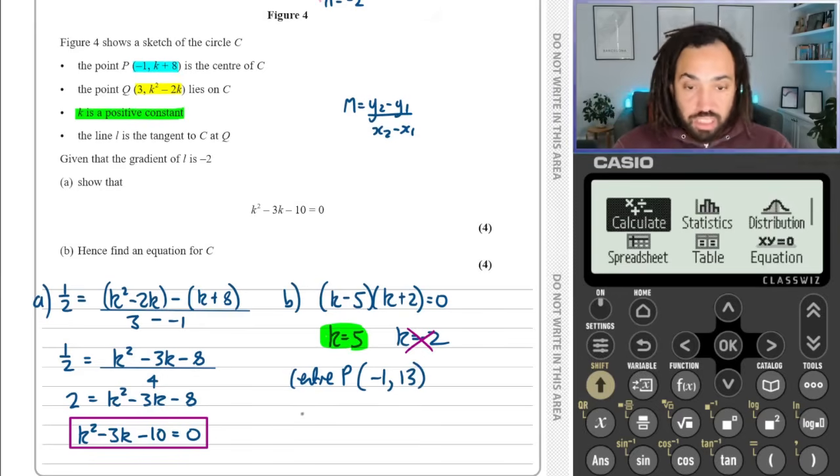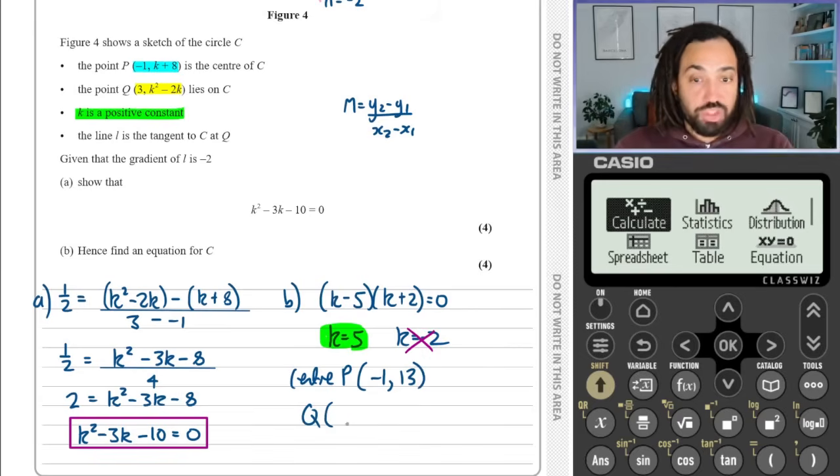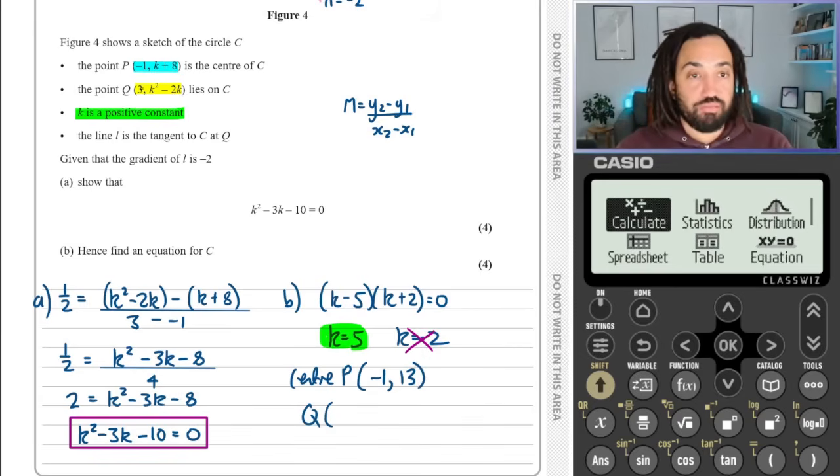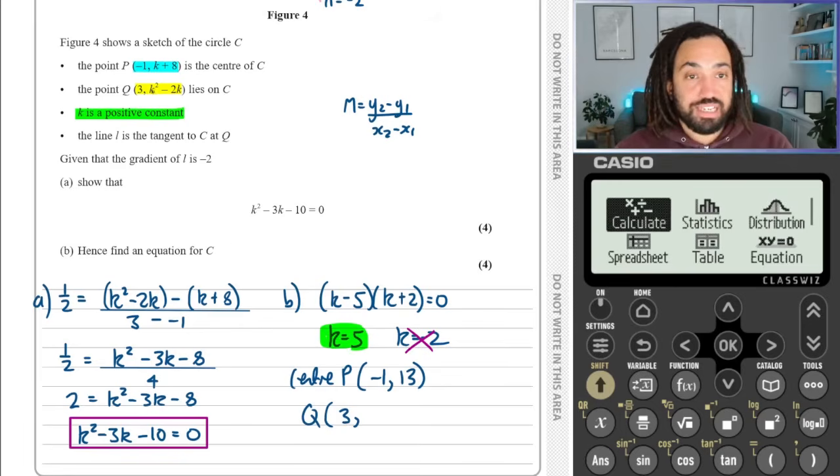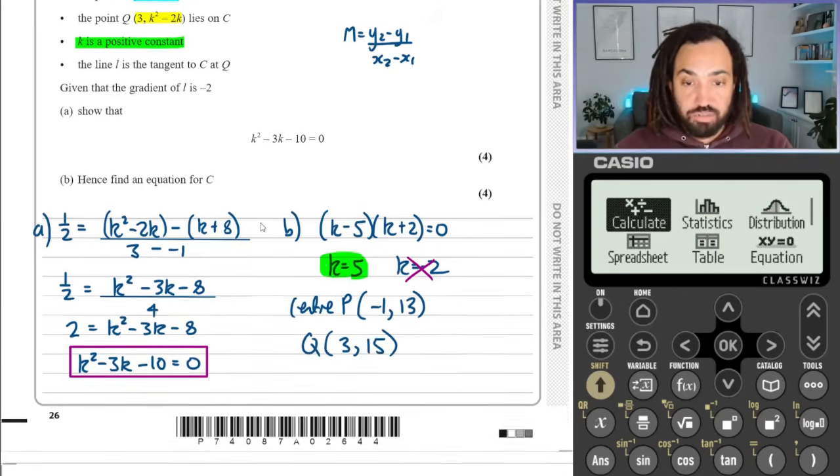Okay, great. And now we also know what q is, because q has these coordinates 3 and then k squared minus 2k. Well, if k is 5, then k squared is 25 minus 2 times 5 is 10, so 25 minus 10 is 15. Okay, great.